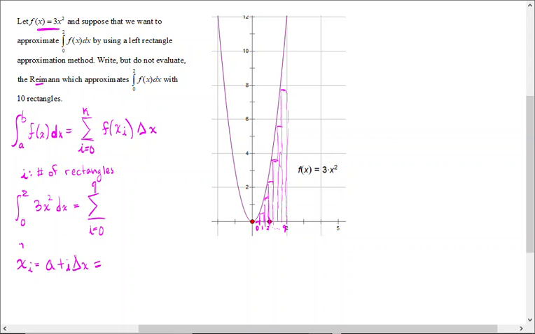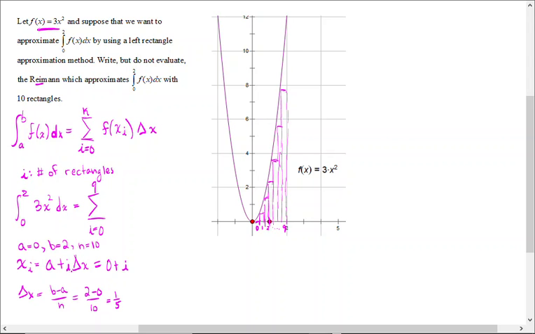A is 0, B is 2, and the n value we already said is 10 rectangles. So 0 plus I delta x. Let's find delta x. Delta x is b minus a over n. That's just another formula we have. So 2 minus 0 over 10, and that is 1/5.